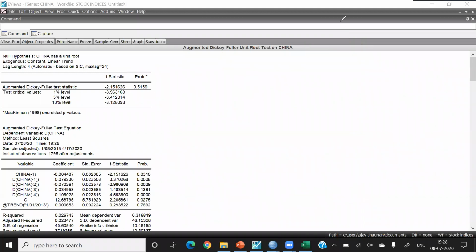Basically, if you remember, I explained that yt equal to beta yt minus 1 plus et. In this equation, if beta is equal to 1, then the series is suffering from a unit root problem.